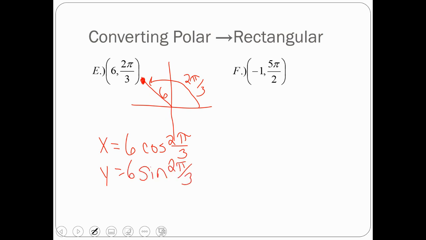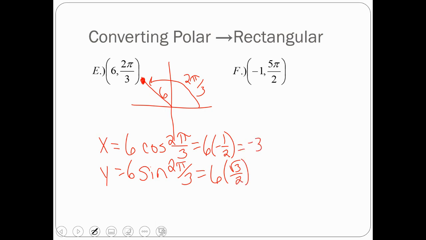Luckily, you all still remember your unit circle, so you can figure that out easily. If you could see me right now, I'd be doing the hand jive. The cosine of 2 pi over 3 is -1/2. And the sine of 2 pi over 3 is positive, because we're in the second quadrant, square root 3 over 2.